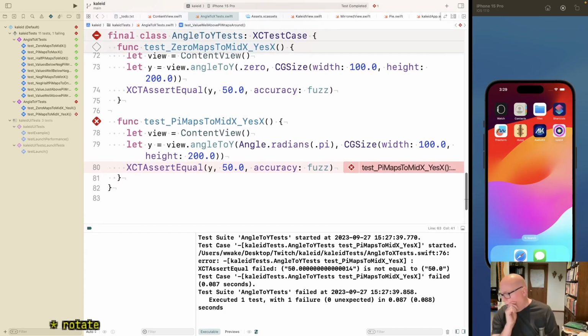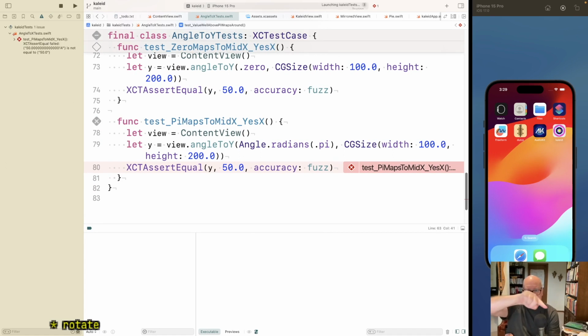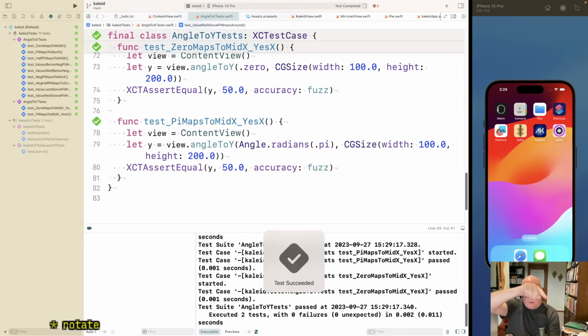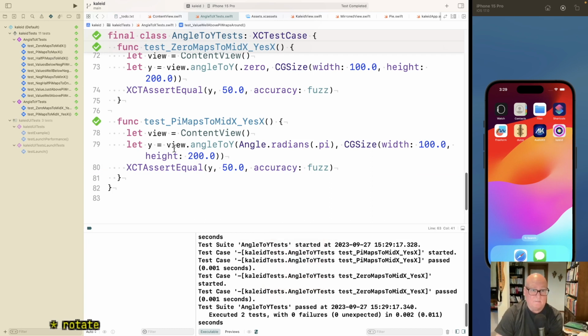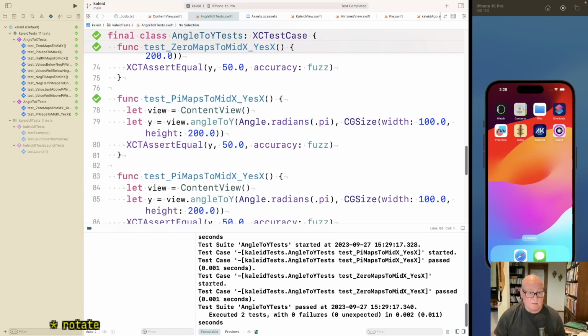Okay. Excuse me. Yeah, its sine is cyclic, so it goes up and then comes to the center and then back down and then up to the center. So 0, pi, and 2 pi should all, or negative pi, should all come to the same place. So we'll check that here too.